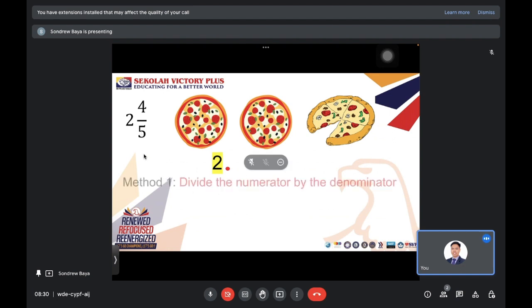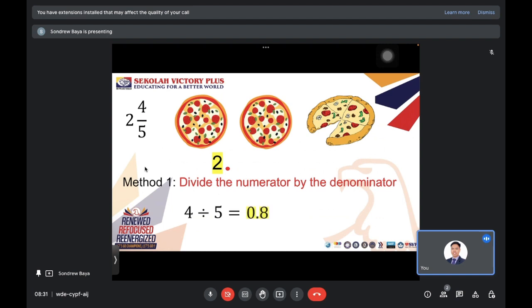So there are actually two methods of converting fractions into a decimal. The first method is to divide the numerator by the denominator. Again, here, we just have to focus on the fractional part. So in this case, I will now focus on the 4/5. So divide 4 by 5, thus you will get 0.8.